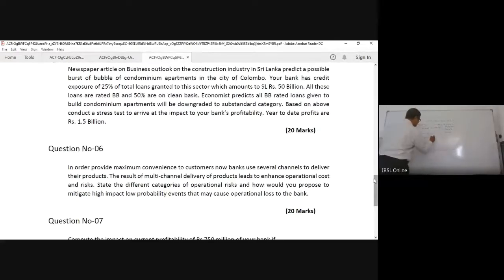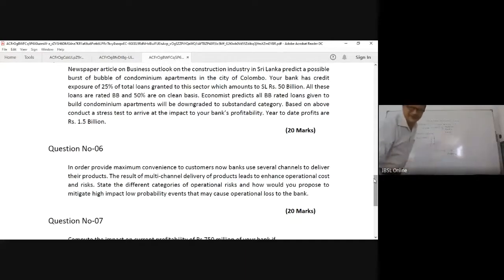a famous diagram. We'll say this is impact, this is frequency, and we said low, medium and high, low, medium and high.